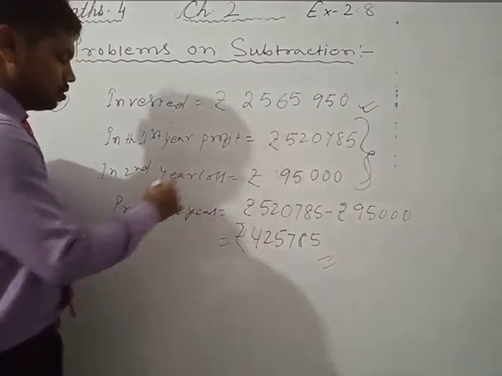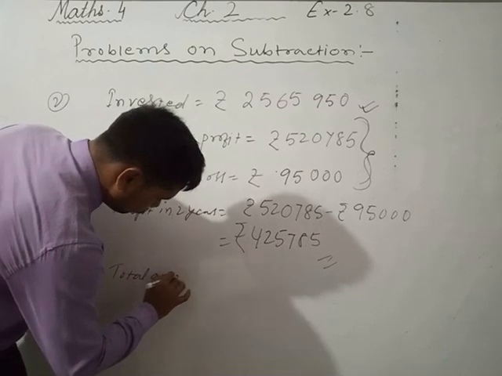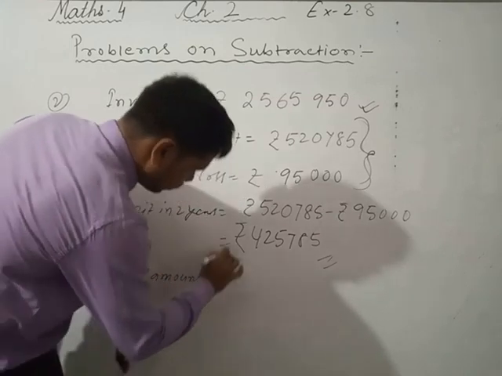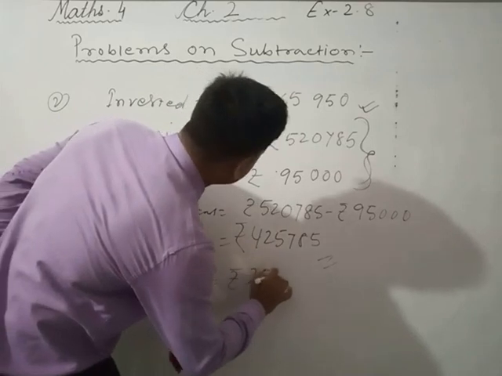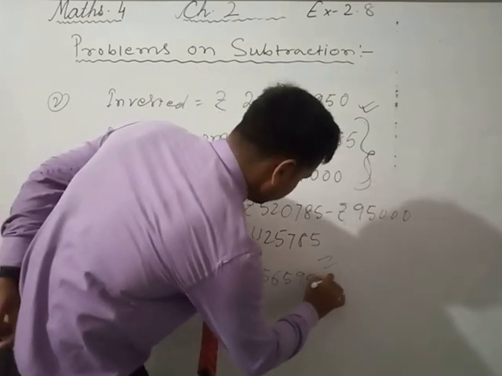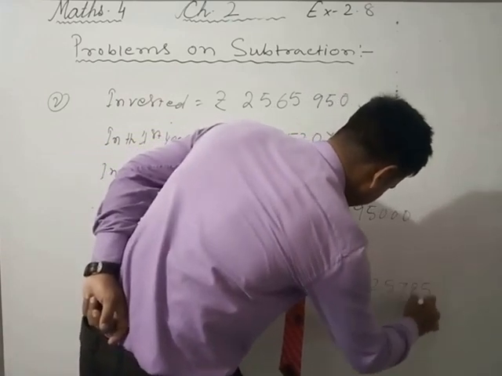So total amount is equal to rupees 2565950 plus rupees 425785.